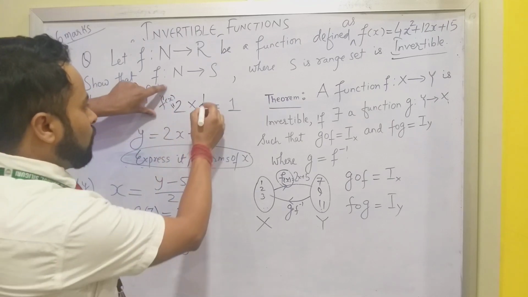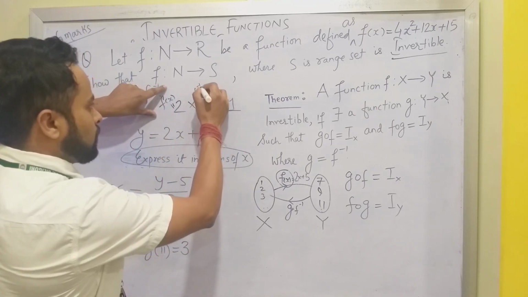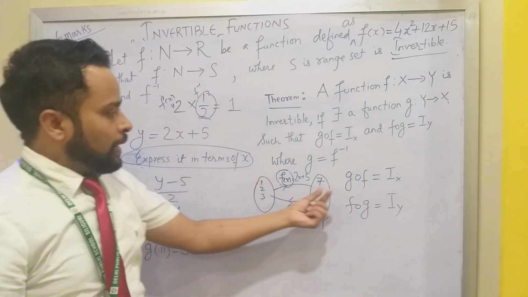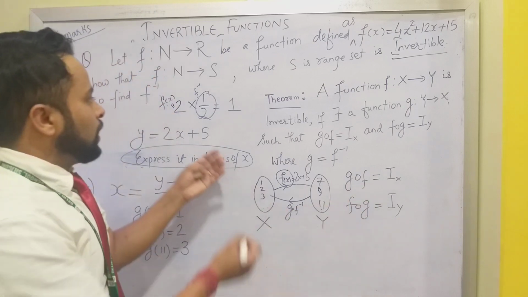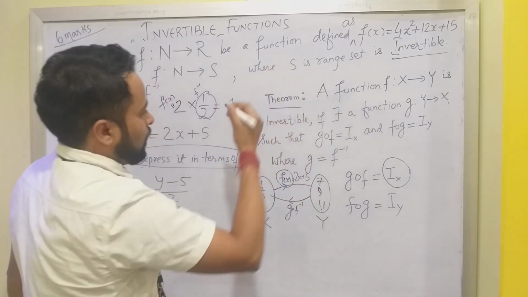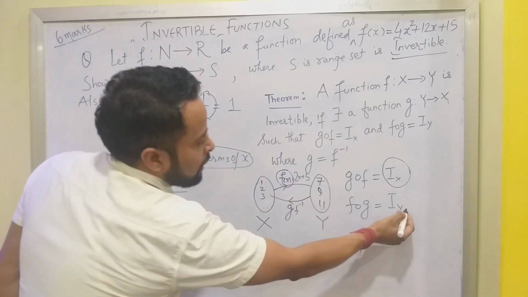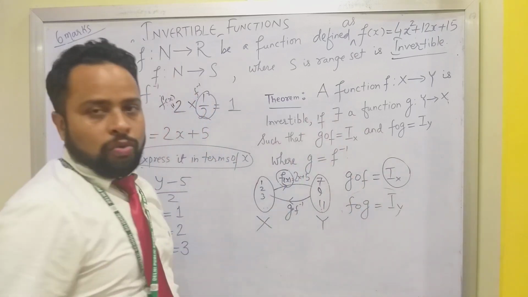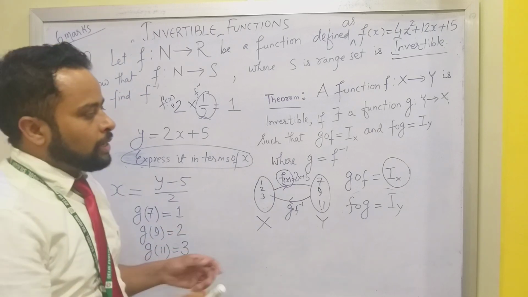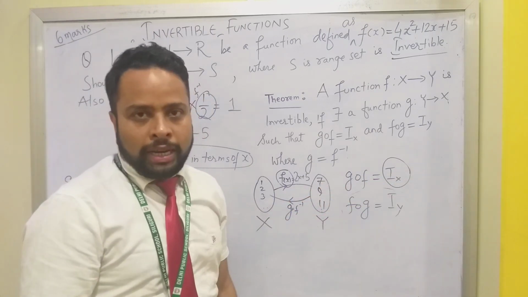We are looking for f inverse, so that when we compose, that is why we are writing GOF, I should get the identity element of x, and when I do FOG, I should get the identity element of y. I hope you understood that GOF is the identity element of x.